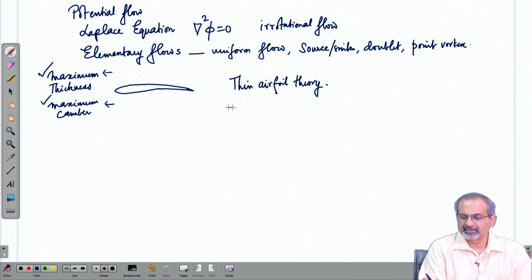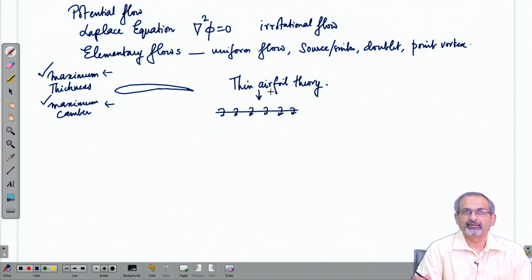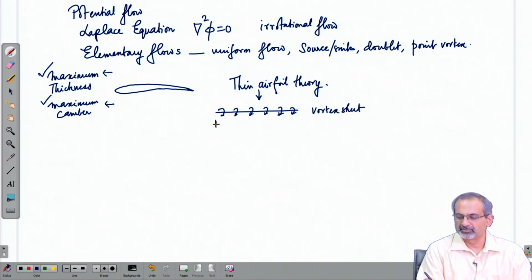The way out is that let us not any longer look at the problem in the simplified manner that thin airfoil theory looked at, where we had a continuous vortex sheet distributed over the chord length of the airfoil, and then we tried to make the airfoil a streamline of the flow.